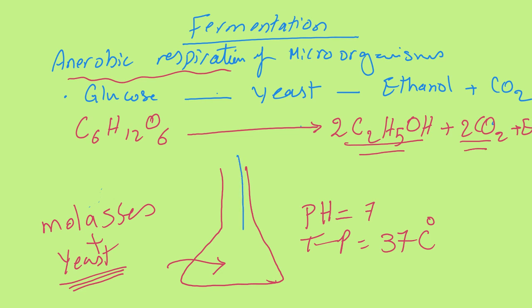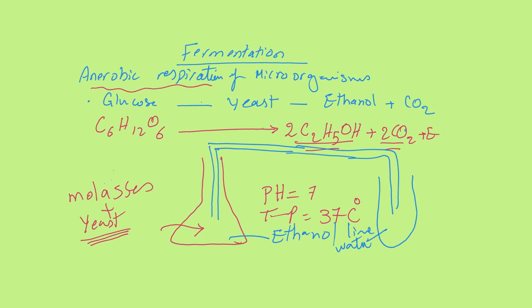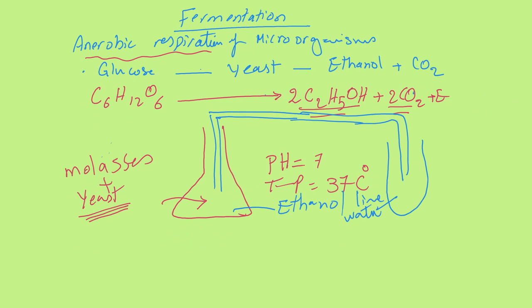Ethanol is a liquid, so it will be left in the flask, while the gas will come out. Then you can collect it in a test tube or boiling tube which has lime water. Lime water will turn milky, meaning that carbon dioxide has been produced. You can also smell the ethanol.